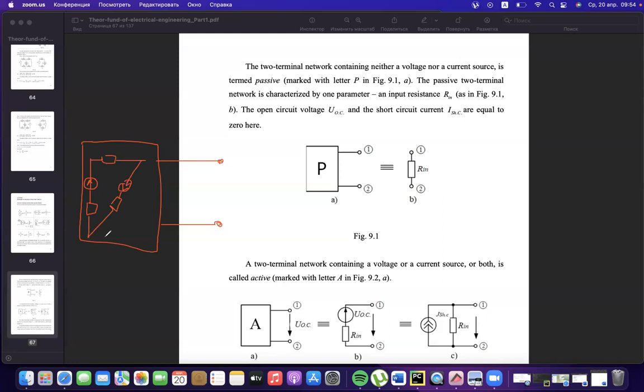I am just drawing something, some type of connections with a couple of sources, a couple of resistors inside. It doesn't matter how it looks like. Some complex case. It could be lots of elements, for example, thousands of elements inside.